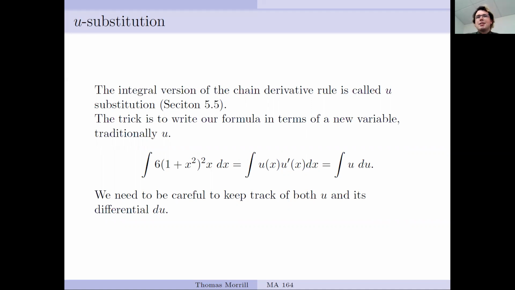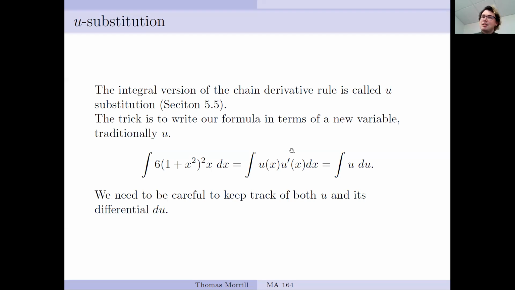The trick is that we're going to rewrite the integral formula in terms of a new variable. And here I'm going to use the variable u. So in my first step, I want this formula to look like integral of u of x. So my variable u is going to be a function of x.